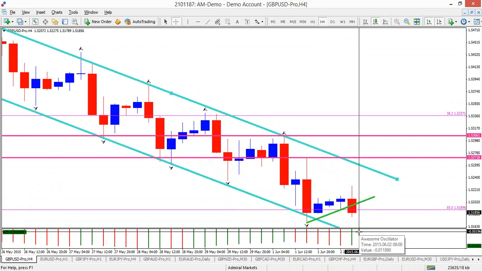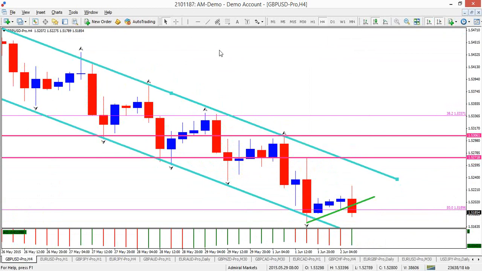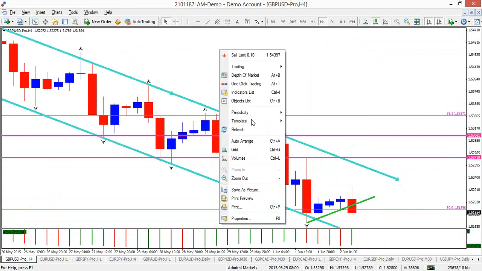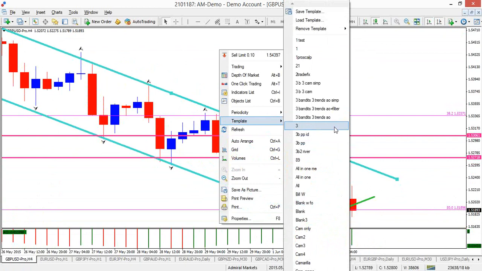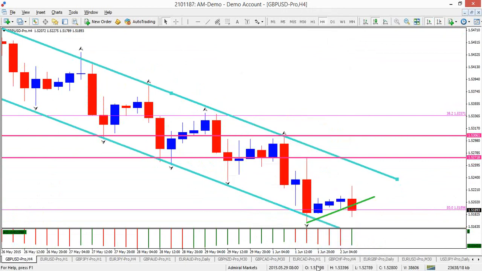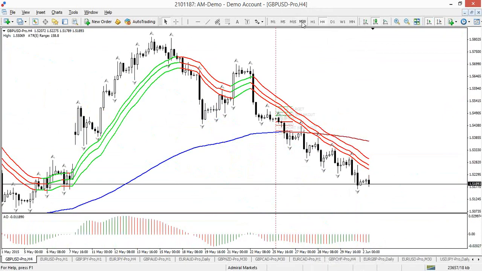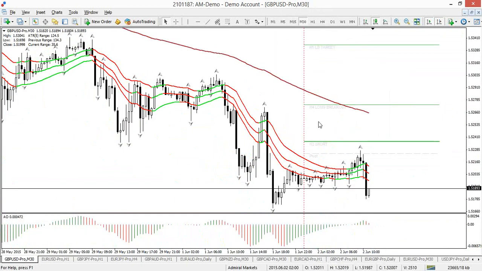Now, Jen was talking about cable using the Camarilla. Let's take a quick look at Camarilla. Let's see. Cable using Camarilla has H3 at 152.35.